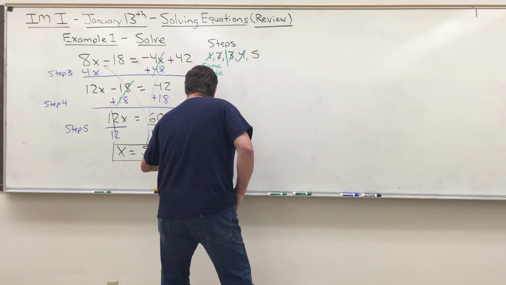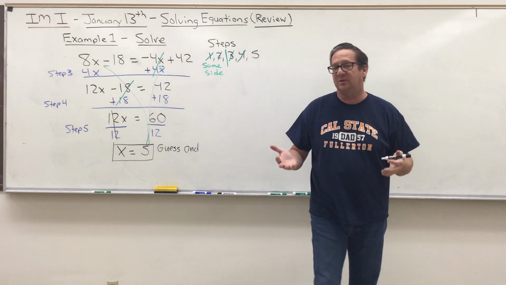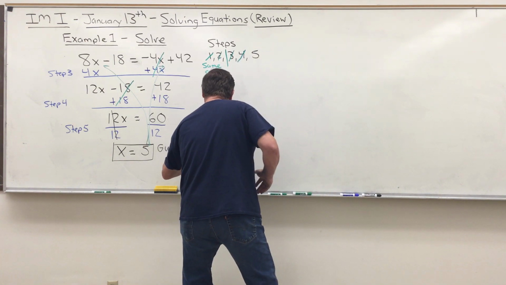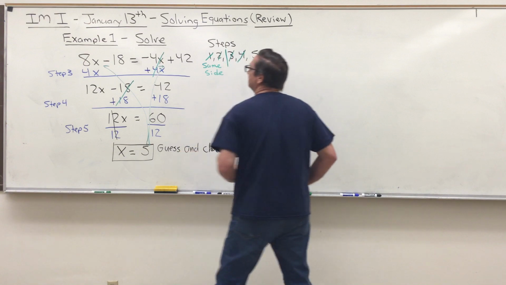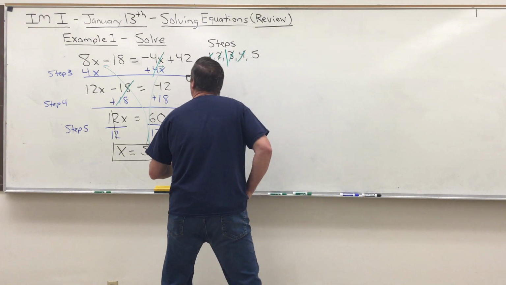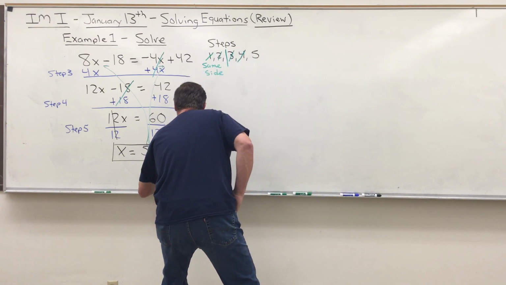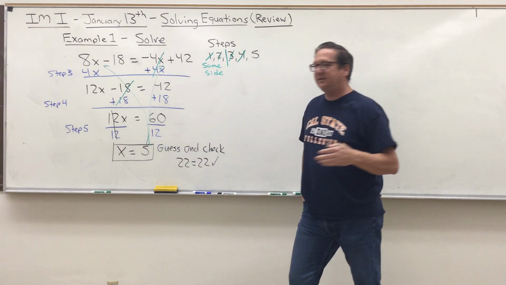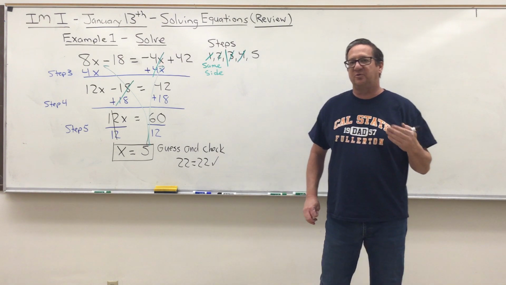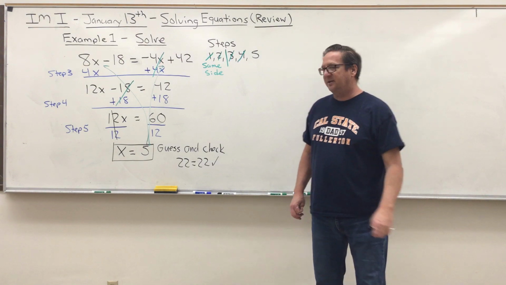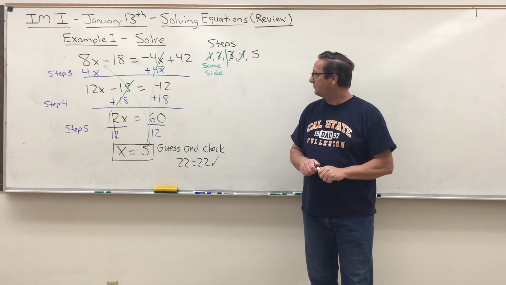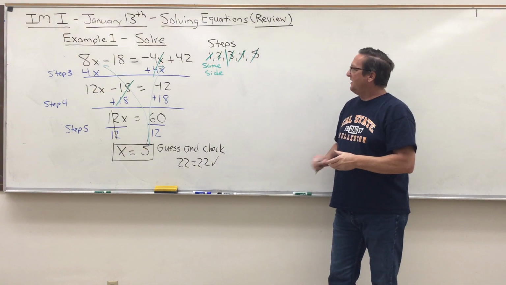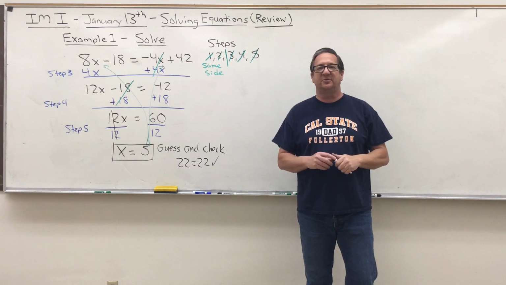So if I told you you had to do it on your own, which I'm not going to, for a review, you would guess and check. And if you plugged in, you would get 22 equals 22, and you'd be ready to go. And step 5 usually yields our answer.